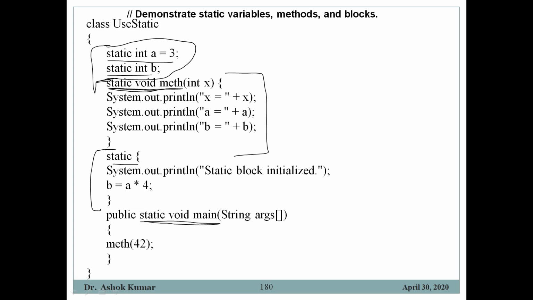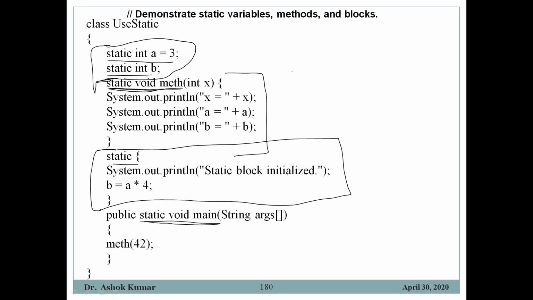The property is that the static block gets executed when the class is loaded. I'm going to give you a brief description about this. We discussed in the very first class that when you compile the program and then run it using the Java compiler, first of all, the class loader loads the class into the memory.